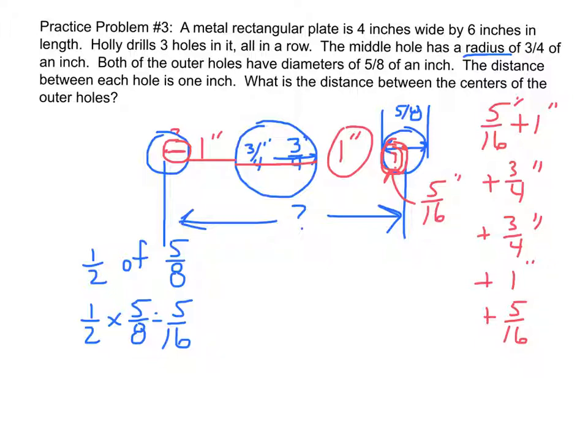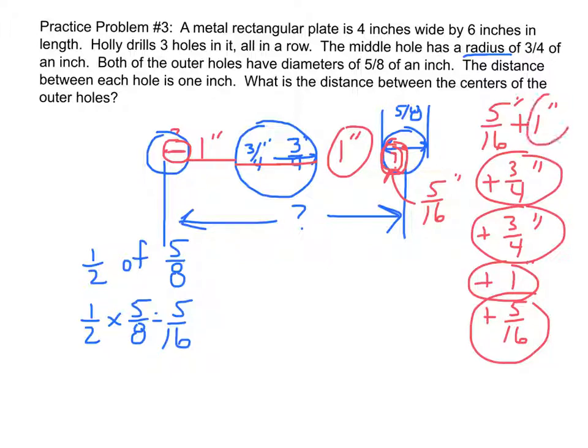So I'm going to add up all these numbers: 5/16, 1 inch, 3/4 of an inch, 3/4 of an inch, another 1 inch, and 5/16 of an inch. And this is sometimes where I might want to go to my calculator because I'm adding up so many fractional numbers. If you do that, you will get 4 1/8 inches would be the distance between the centers of those outer two holes.